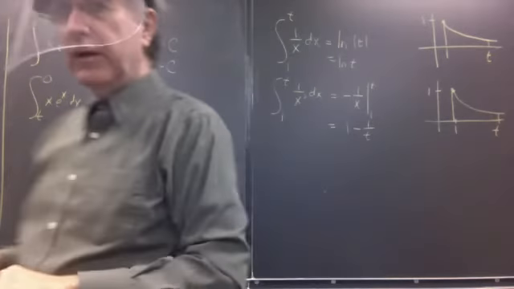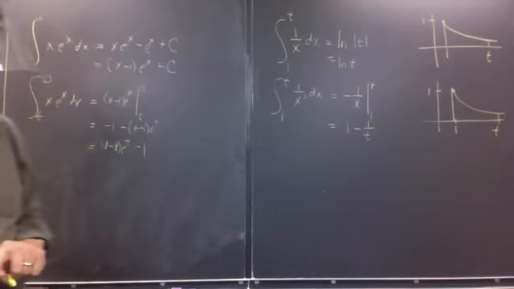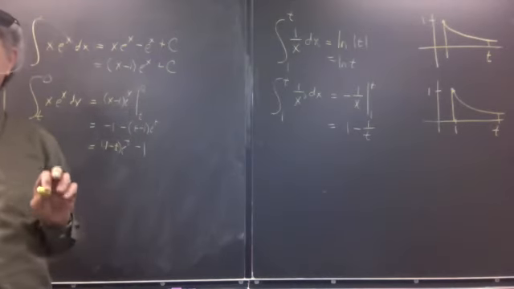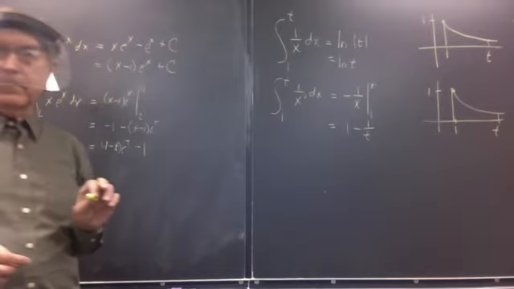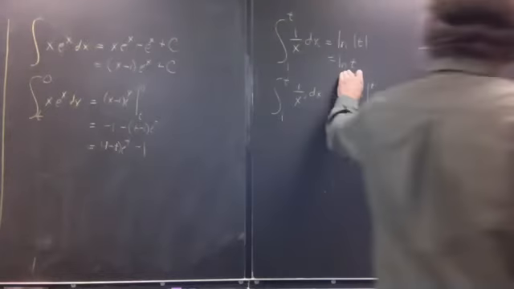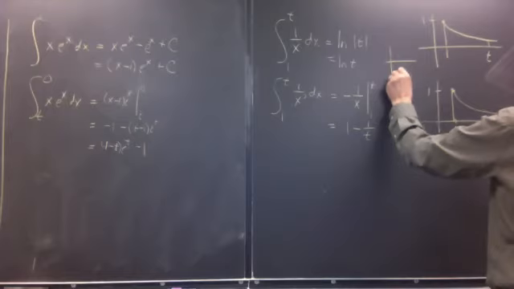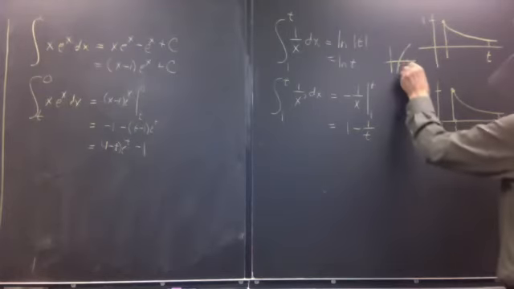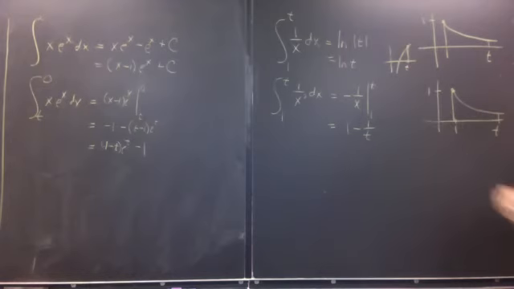So the question is, what happens to the area as t gets bigger and bigger? Now, the log function itself, as you know, looks like this, and it just keeps going up. So as t gets bigger, the log gets bigger and bigger. So the area under here, as t grows, gets bigger and bigger. After a while, it'll double, and then it'll triple, and it'll quadruple, and so on.